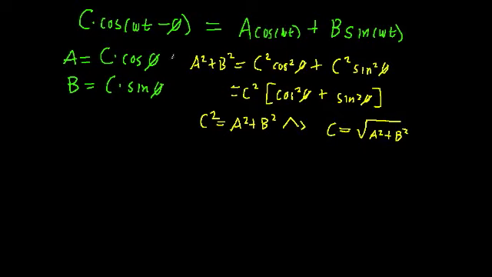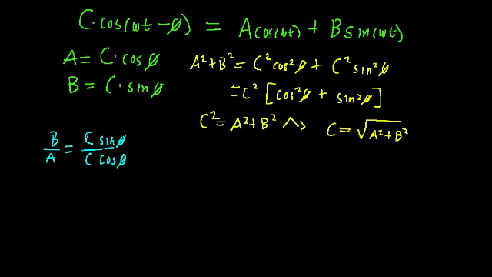Now let's try and figure out what phi is. So, let's figure out a way to get rid of the C terms in these equations. I propose, what if we did B divided by A? Well, that corresponds to C sine phi divided by C cosine phi.